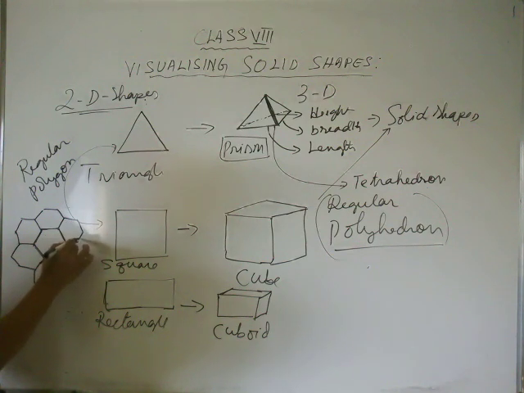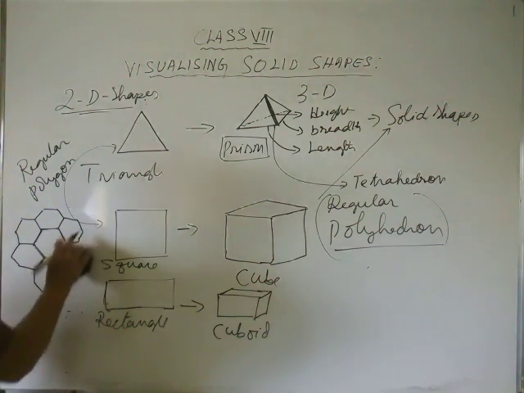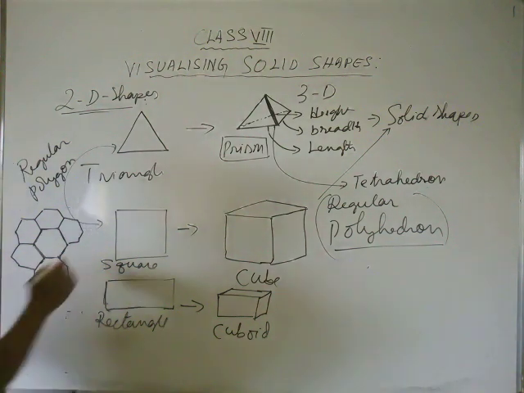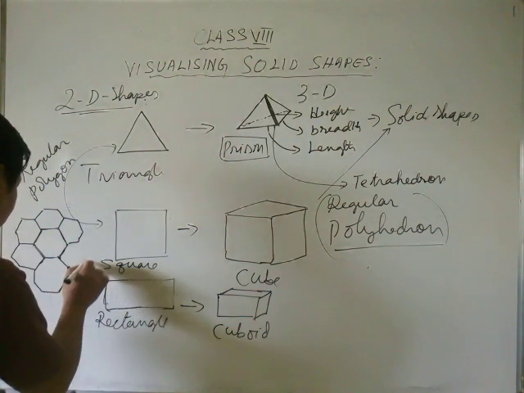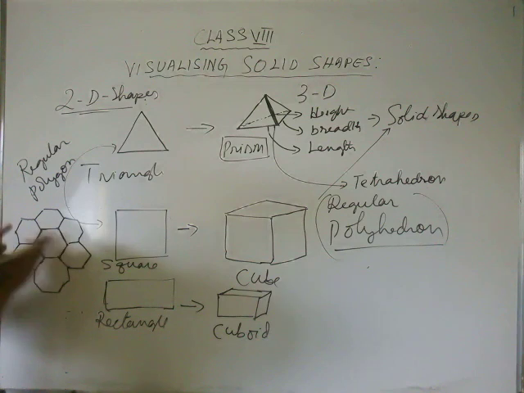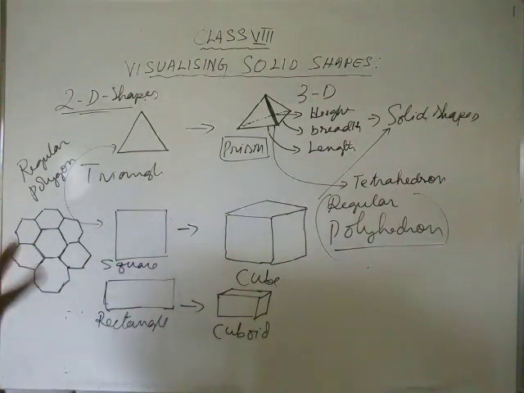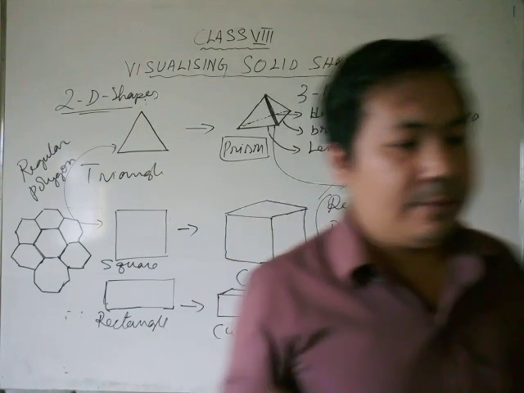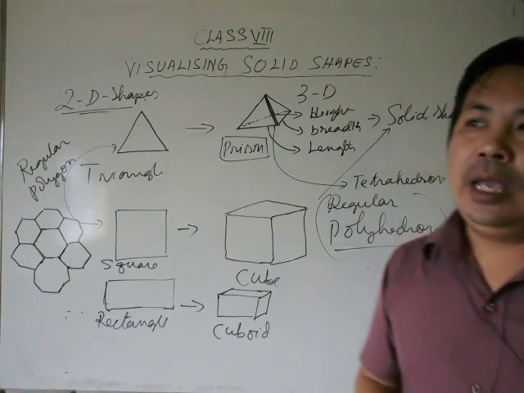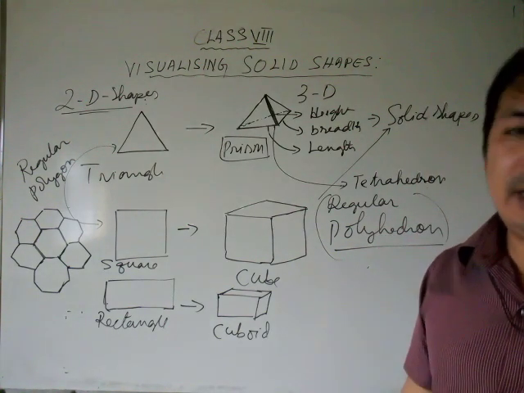Let us assume that I'm drawing a regular polygon. Like this, for example. So here, if we just fold and join together, we will get a kind of 3D shape where all the faces are hexagons, also regular.